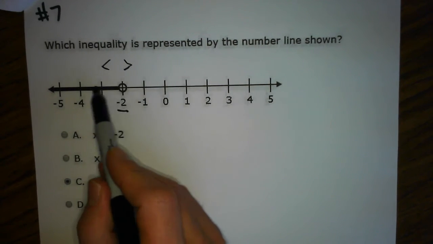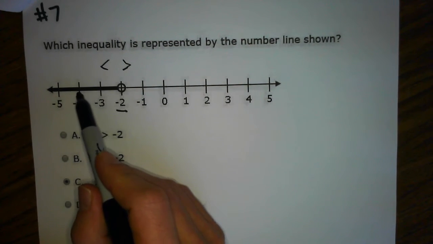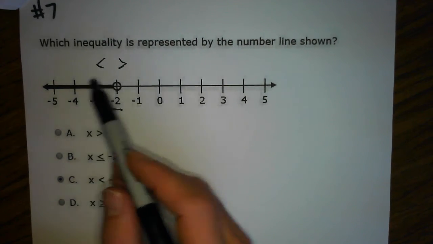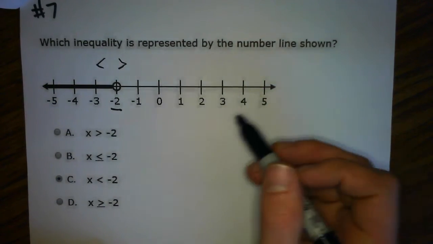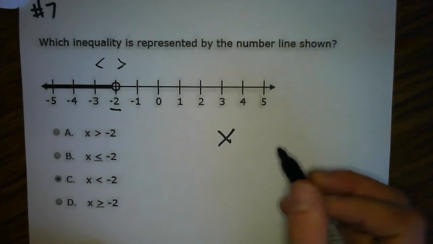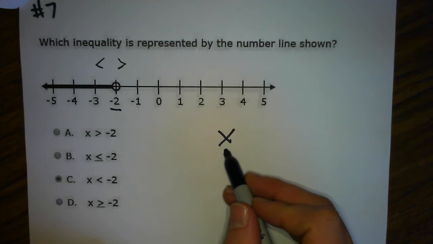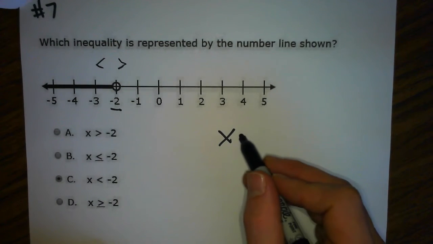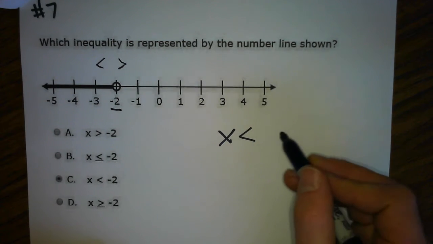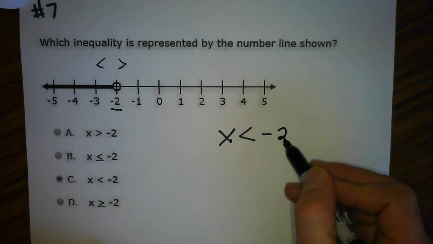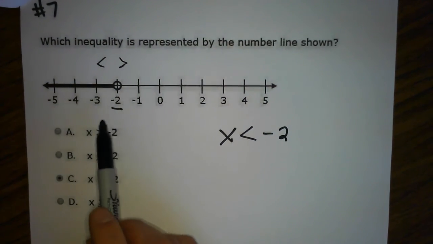Now the numbers go to the left of negative 2, so that is less than. Whatever my answer is, I'm going to call it x, and I know that answer is less than negative 2. The graph says that.